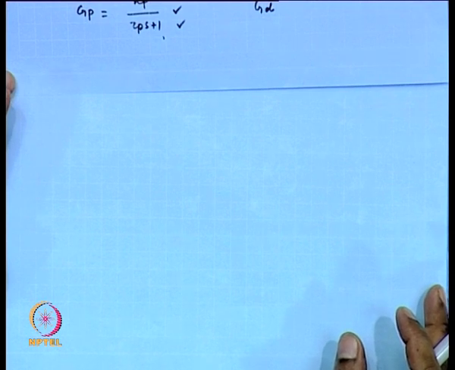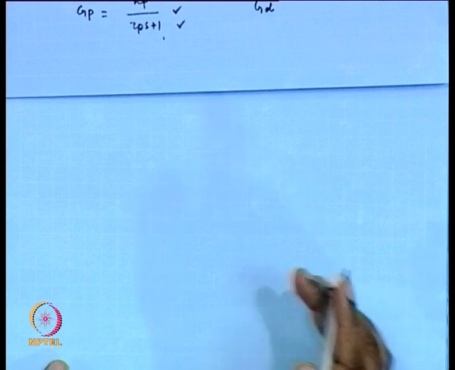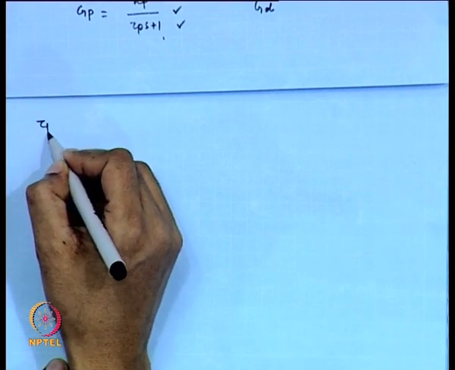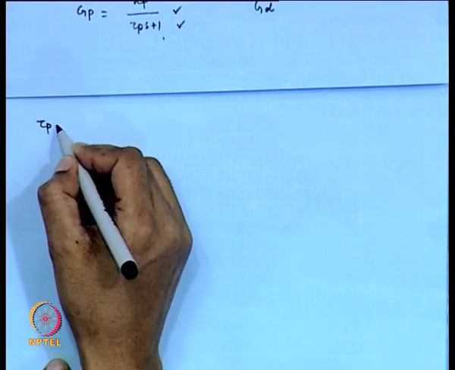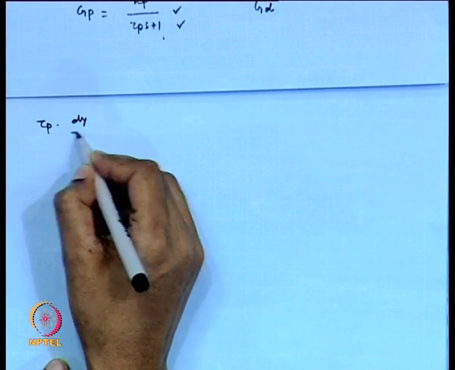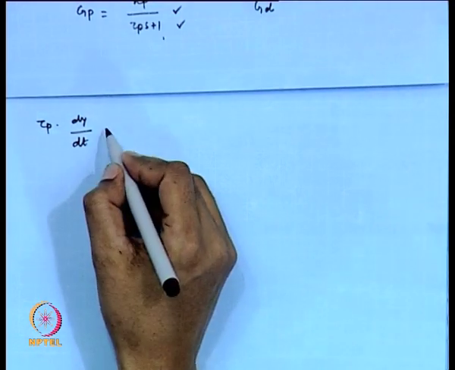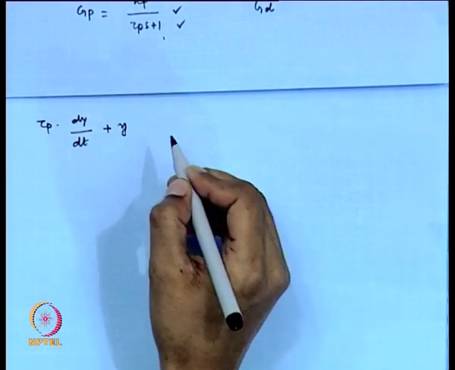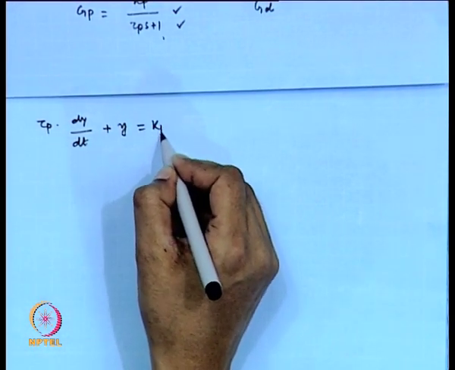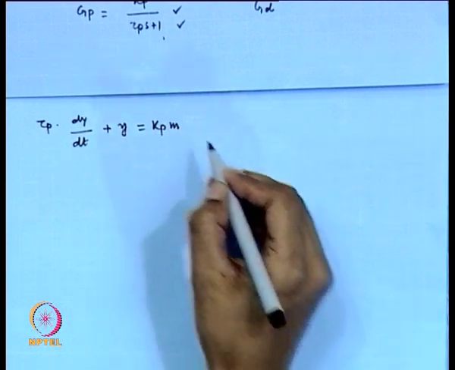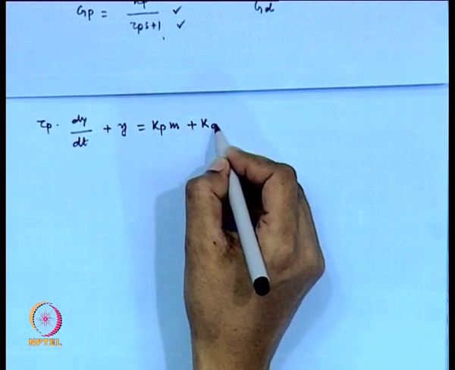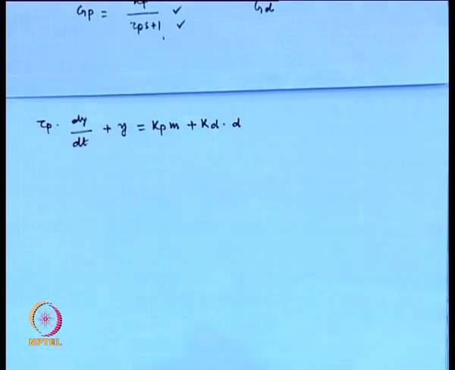We need to write the modeling equation for the process. The modeling equation for the process we can write as tau p dy dt plus y equals Kp m plus Kd d.